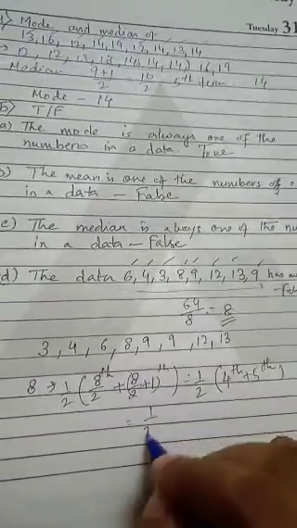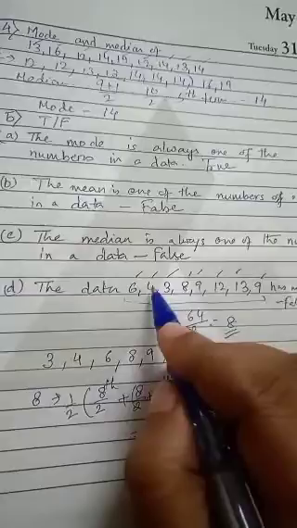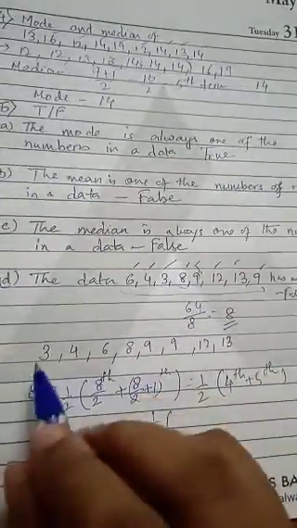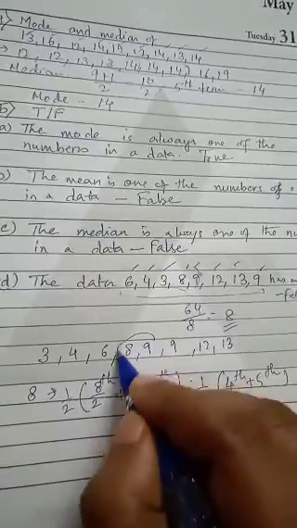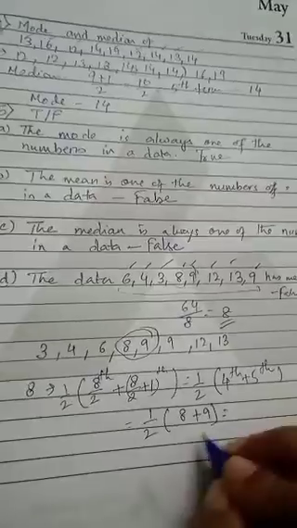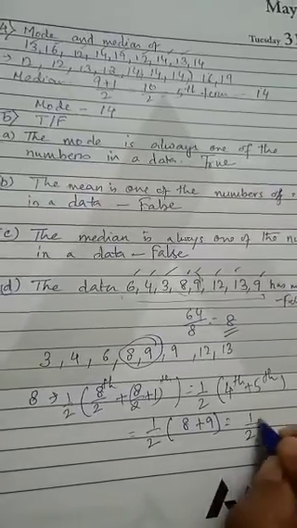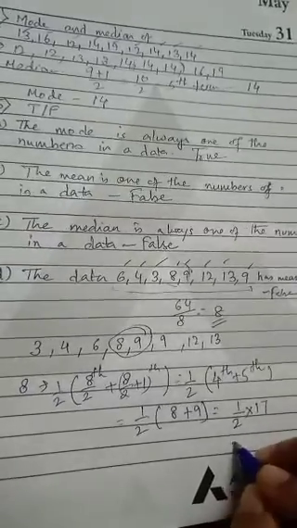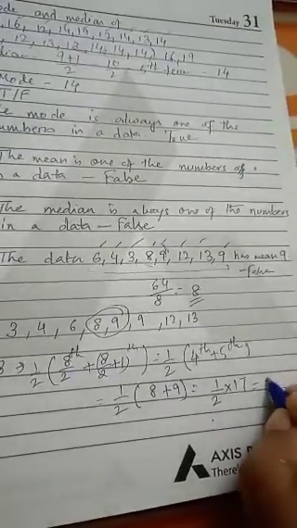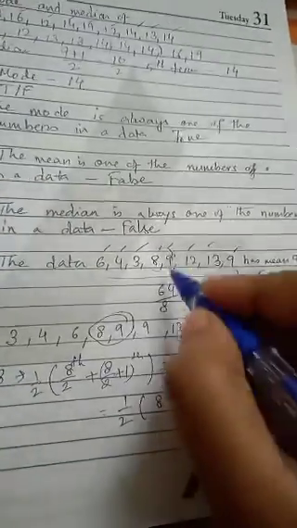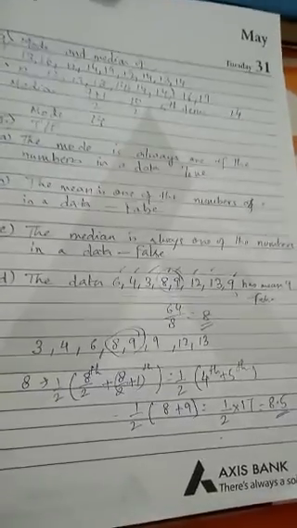The 4th term is 8 and the 5th is 9. So half of 8 plus 9, 17. So 17 by 2 is 8.5. So this would be your median, in between 8 and 9. Okay. So this is the median. Thank you.